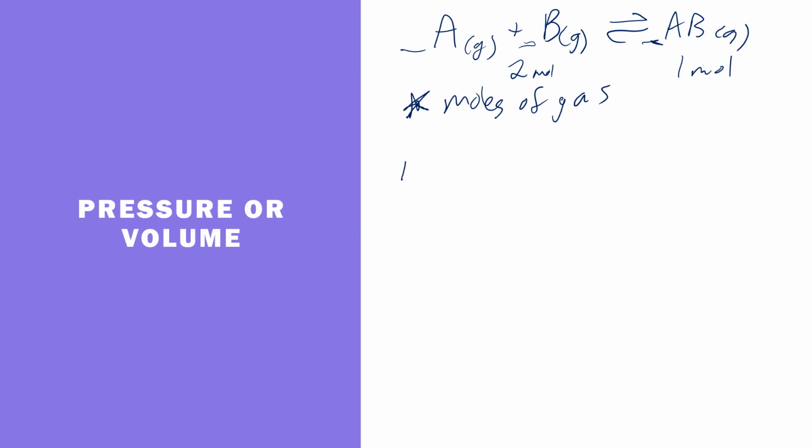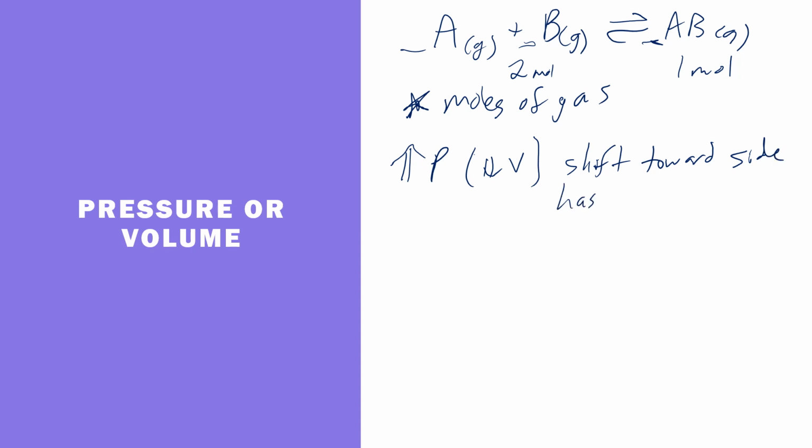So if I were to increase the pressure on a system, the most frequent way that this happens is by decreasing the volume on the system. When you increase the pressure, it will shift the reaction toward the side that has fewer moles of gas.